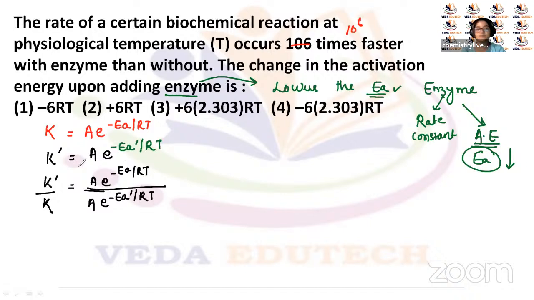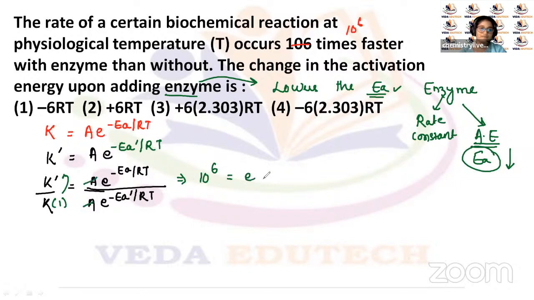Now we see that k dash by k is 10 to the power 6, because it is telling us that the rate has become 10 to the power 6 times faster. If originally this value was 1, now it has become 10 to the power 6 times. So we'll write here 10 to the power 6 equals A and A cancel.